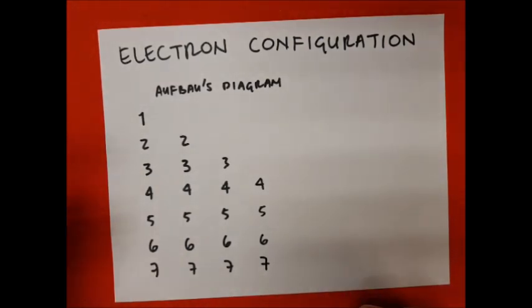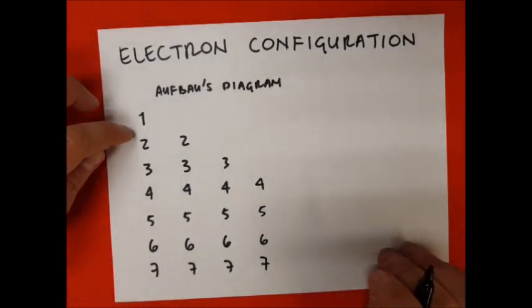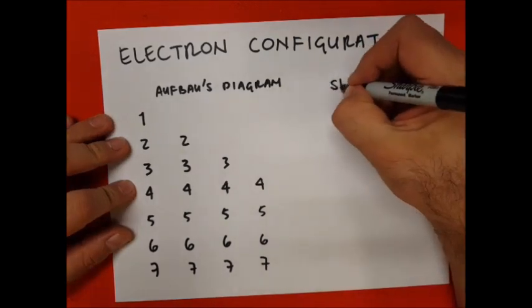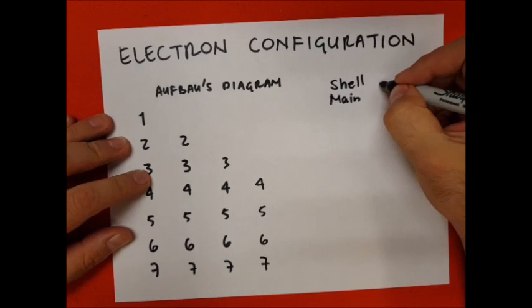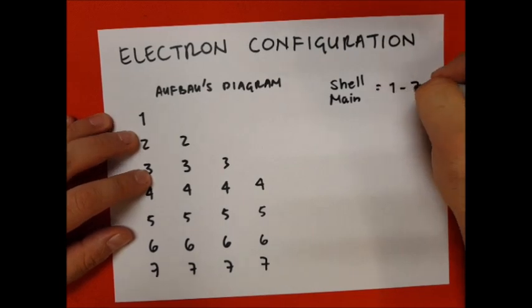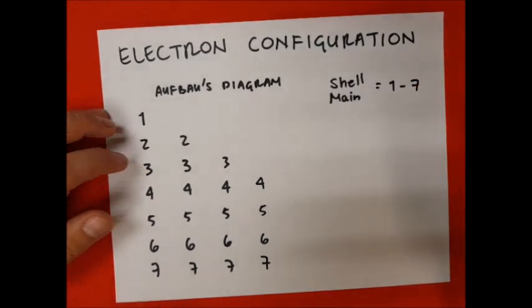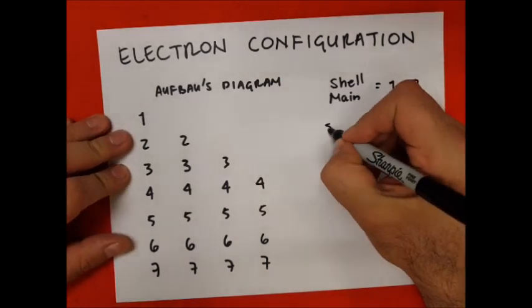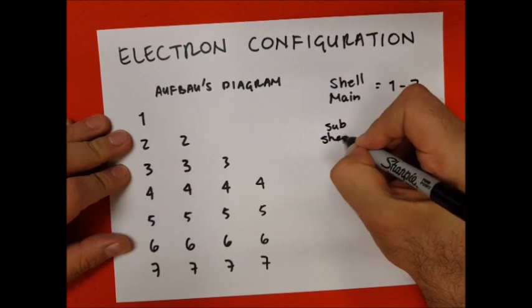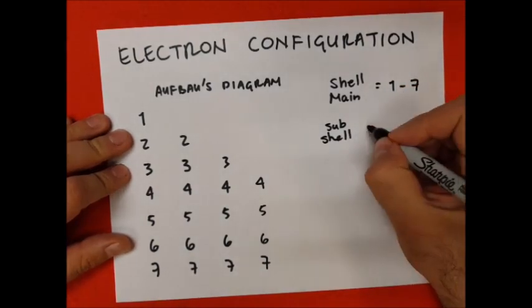Now let's stop a little bit and talk about these. This number represents the shell or the main energy level. So it's represented by numbers 1 through 7, which is the main energy level where an electron could be located. Next, we have what we call subshell, or the type of orbital specifically.